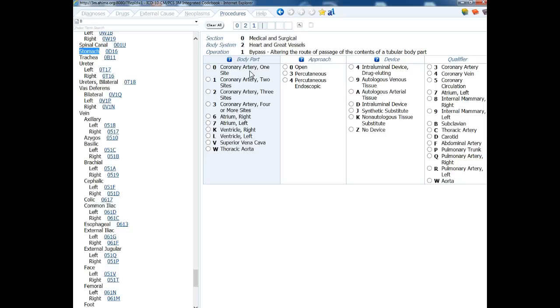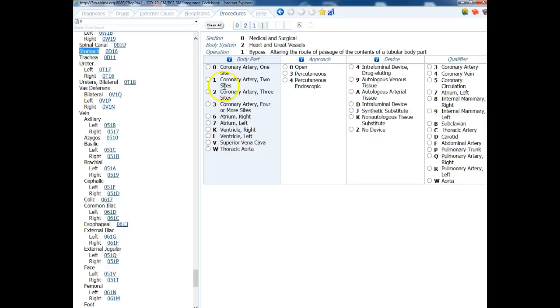The example they have is an aortocoronary bypass of 1 site. That site is the left anterior descending coronary artery, which doesn't impact our procedure code. And then 1 site is the obtuse marginal coronary artery. And when we look at these, that would actually be 2 artery sites.